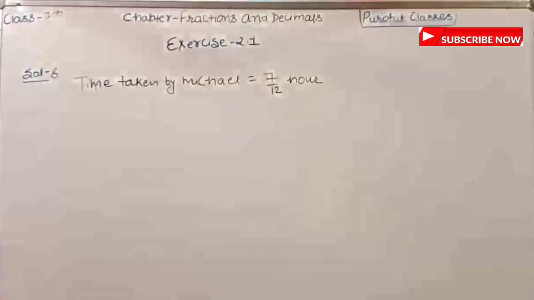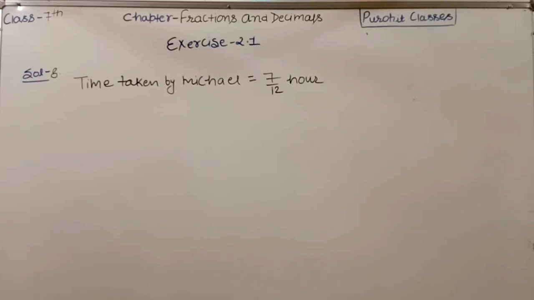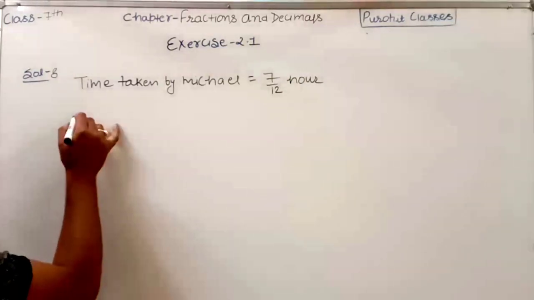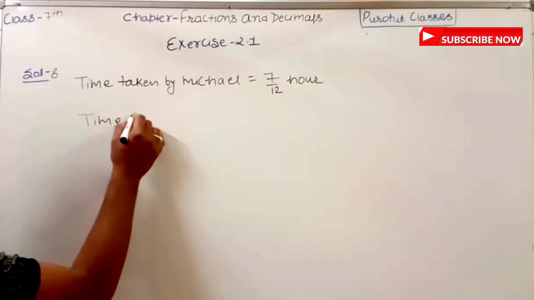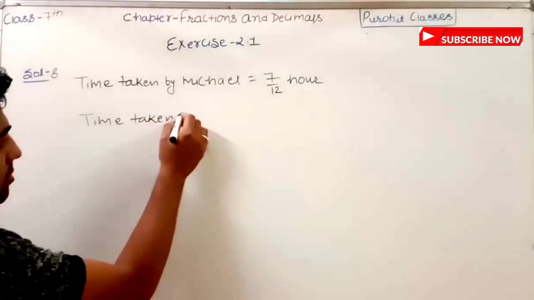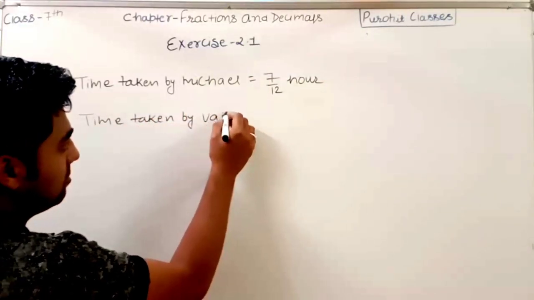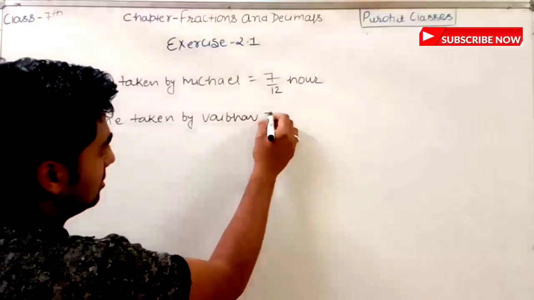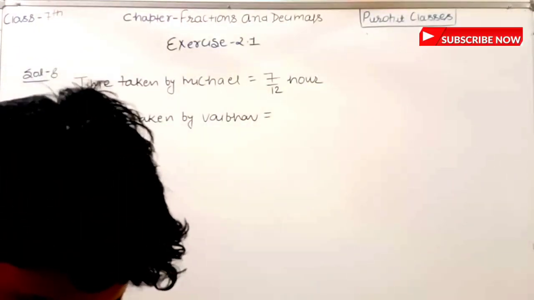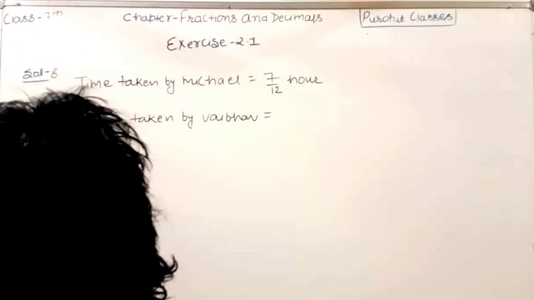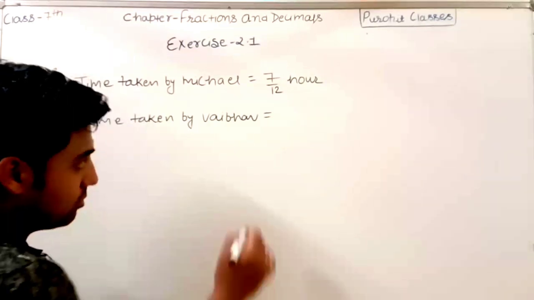And next is, Vaibhav finished coloring the same picture in 3 by 4 hour. So time taken by Vaibhav is equal to 3 by 4 hour.